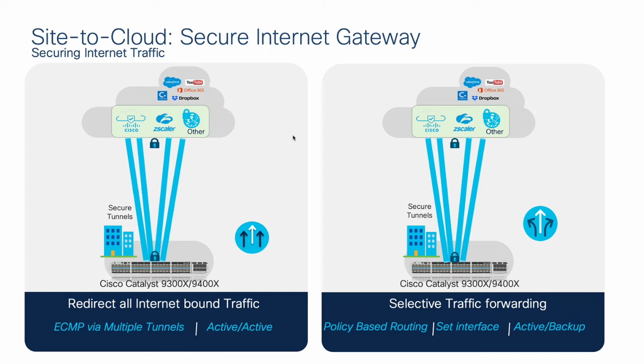So we support the entire split tunneling in a way. We support up to 128 tunnels today, with up to 256 security associations. So we're able to do split tunneling and policy-based routing, and based on that, you could move your traffic across the tunnels to the different providers.